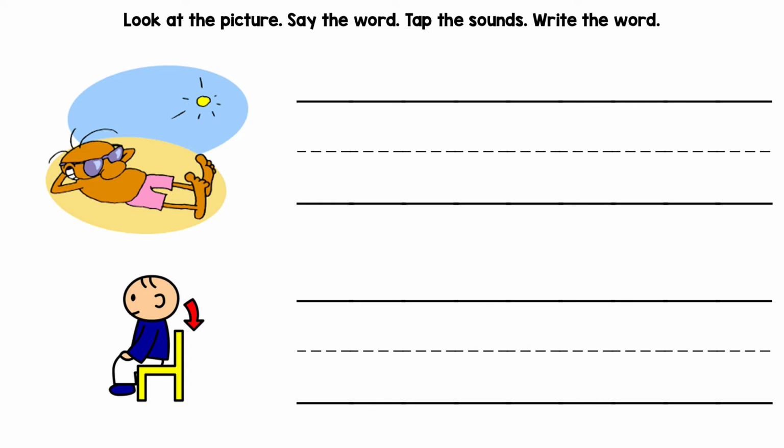We're now going to look at some pictures and say the word, tap the sounds, and write the word. All of these picture words are going to have the /t/ sound in them. The first picture is of a man that is trying to tan. The word is tan. Tap the sounds in tan. Now write those sounds on the line.